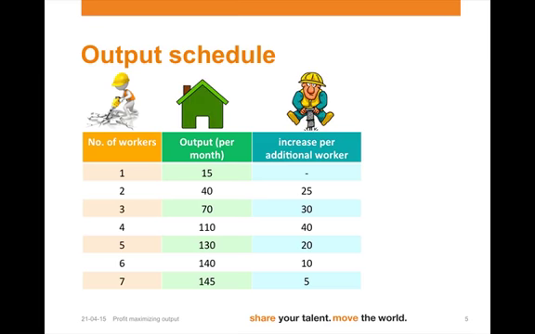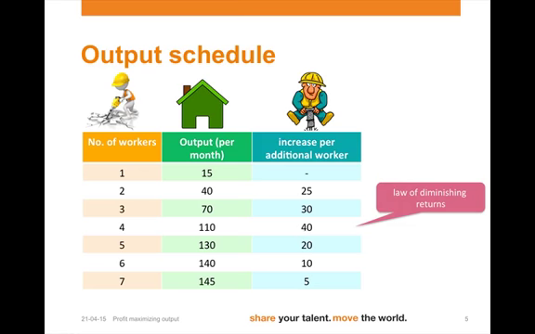This pattern is what we call the law of diminishing returns. At first you can see there's an increase, but at a certain stage you can see that the increase per additional worker is falling.